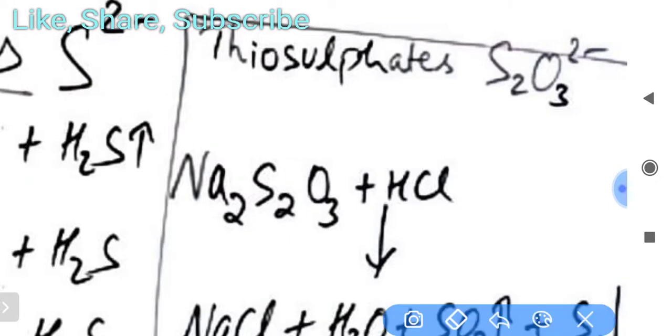When we talk about sodium thiosulfate, there are two different things. Thiosulfate individually, this formula can be asked, is S2O3 2 minus. Now we talk about sodium thiosulfate. It is written as Na2S2O3 plus HCl.